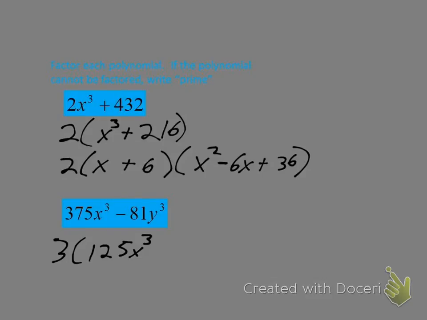For example, up here on the 2, x cubed, hopefully you know to factor out a 2 first and see what this gives you. Once you get used to this, 125 is going to become pretty commonplace. So seeing that 125 is a couple factors off from 375, that should be your cue for that one. And then work the other one. Negative 81, if you factor out that 3, is going to become what? 27y cubed.